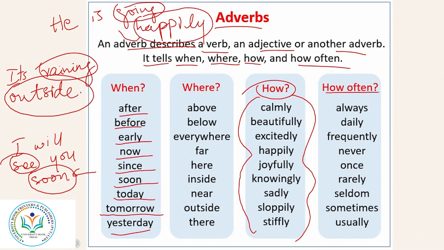And how often? It tells you how often the action is done. Always, daily, frequently, never, once, rarely, seldom, sometimes, usually. Like, I always take tea in my breakfast.